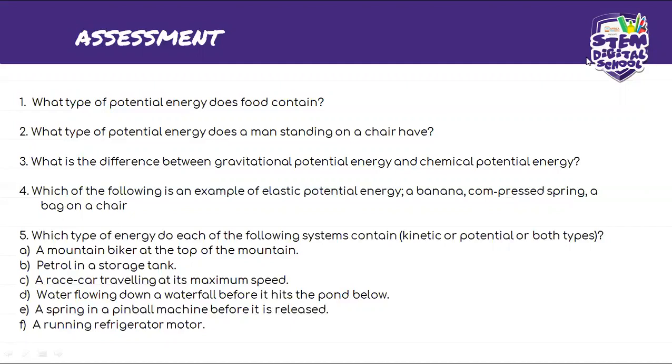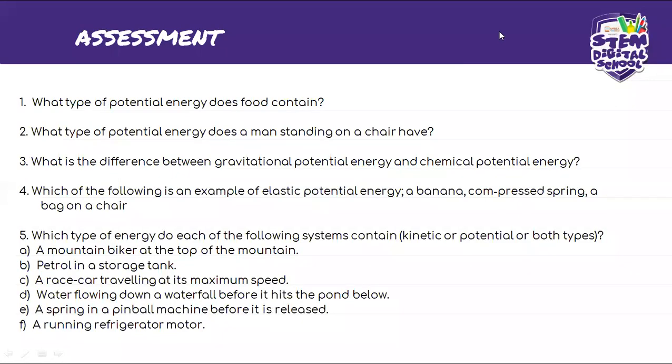But remember, this question is saying, what is the difference between gravitational potential energy and chemical potential energy? So take note. That's a good effort for trying, but you are wrong if you said that potential energy is when something or someone is not moving. Oh no, that is for speed.